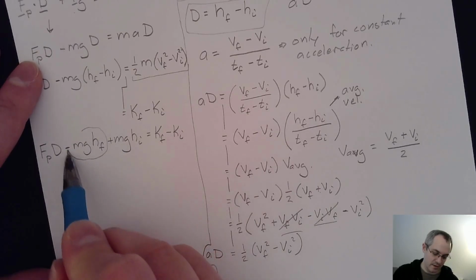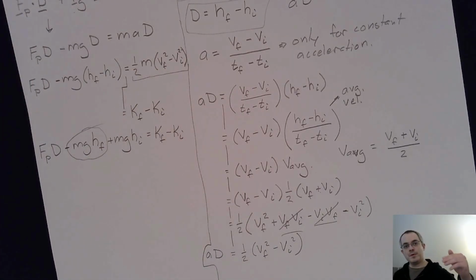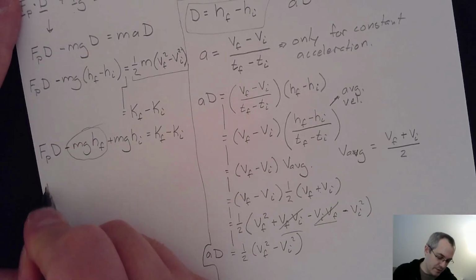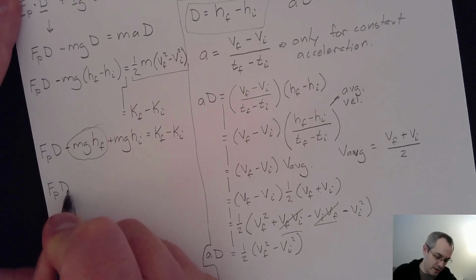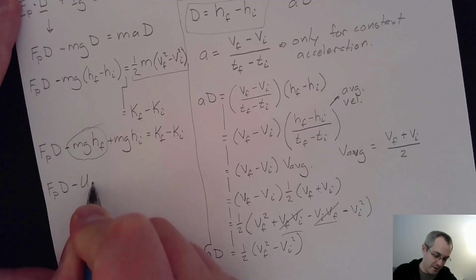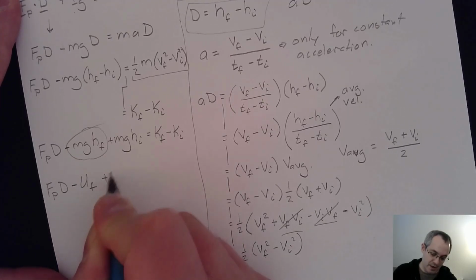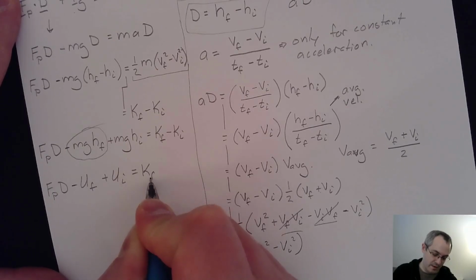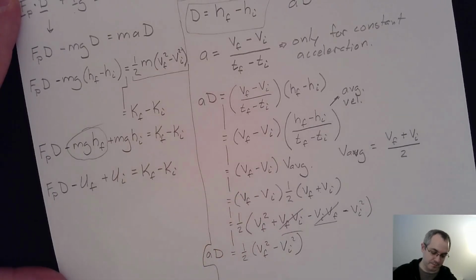This mgh is potential energy, right? This is final potential energy. So that means we have Fp d minus final potential energy plus initial potential energy equals Kf minus Ki.